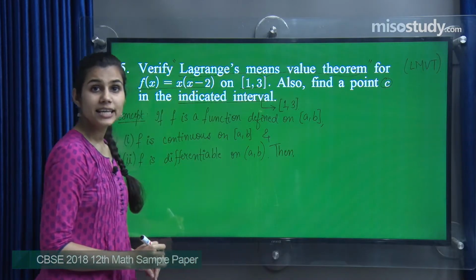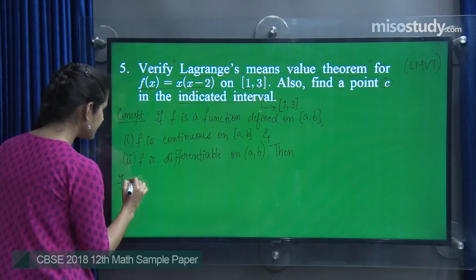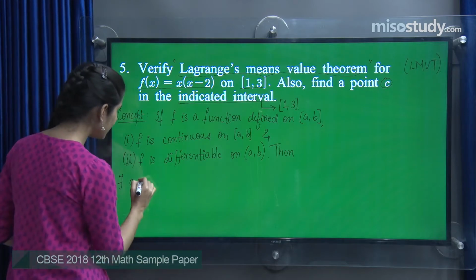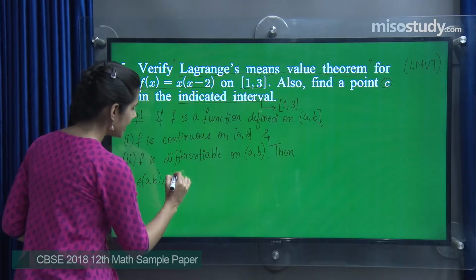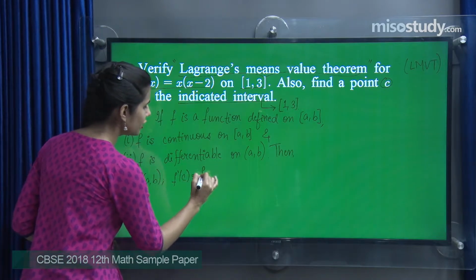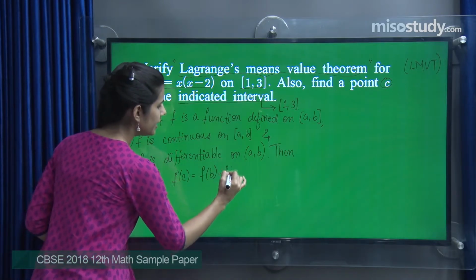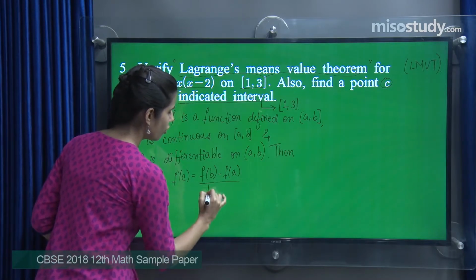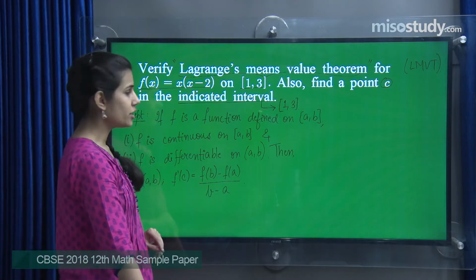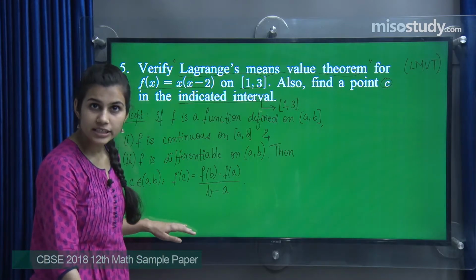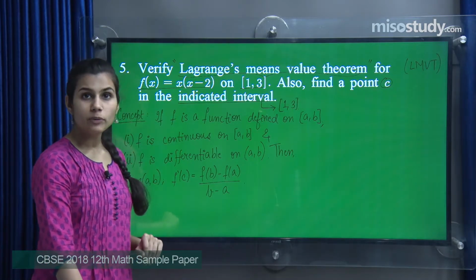Then the concept says of LMVT that there exists a real number c belonging to this open interval AB such that f dash c is equal to fb minus fa whole upon b minus a. Once this concept is clear to you about LMVT, then only you will be able to deal with this question.